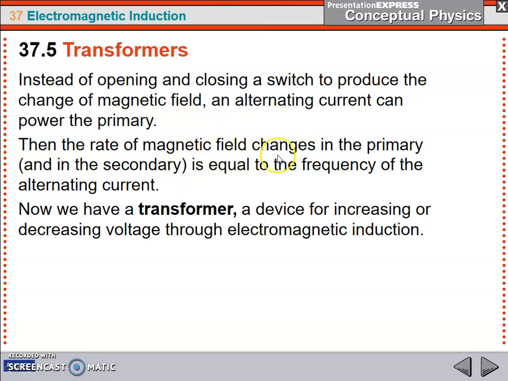Then the rate of magnetic field changes in the primary and in the secondary is equal to the frequency of the alternating current. And we call this, now we have a transformer, a device for increasing or decreasing voltage through electromagnetic induction. So how do we change the voltage?